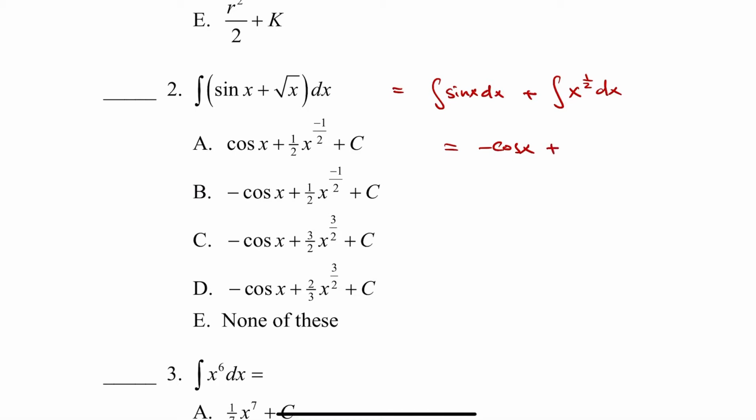Use power law. So you add 1, 3/2. So 1 over 3/2 x to 3/2 plus c. That becomes negative cosine x. 1 over 3/2 is 2/3 x to 3/2 plus c. So answer has to be D.